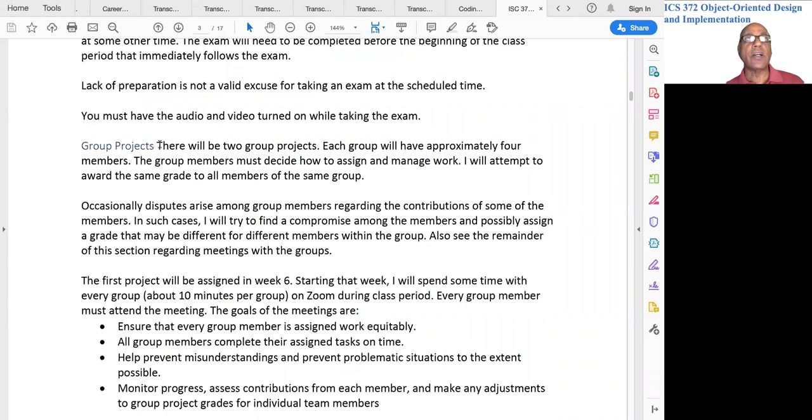Every week, starting the sixth week, I will be meeting with each group for about 15 minutes. And you will be asked questions about where you are with respect to the project, how much each person is contributing, what their responsibilities are, and all that, and see if there are any issues cropping up. So the idea is to ensure that the group work proceeds smoothly.